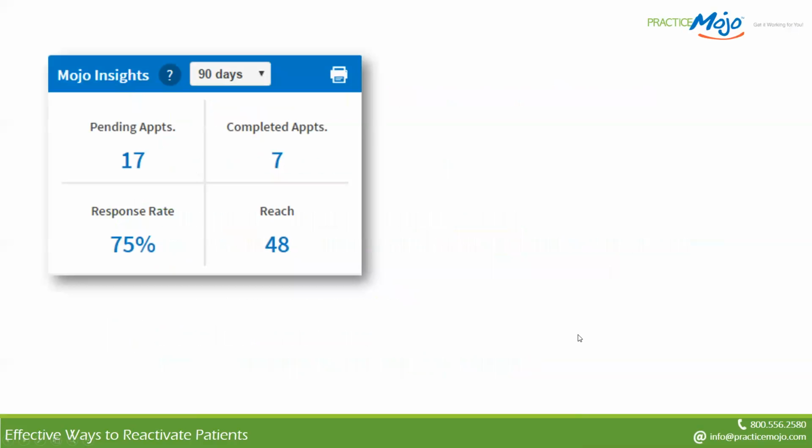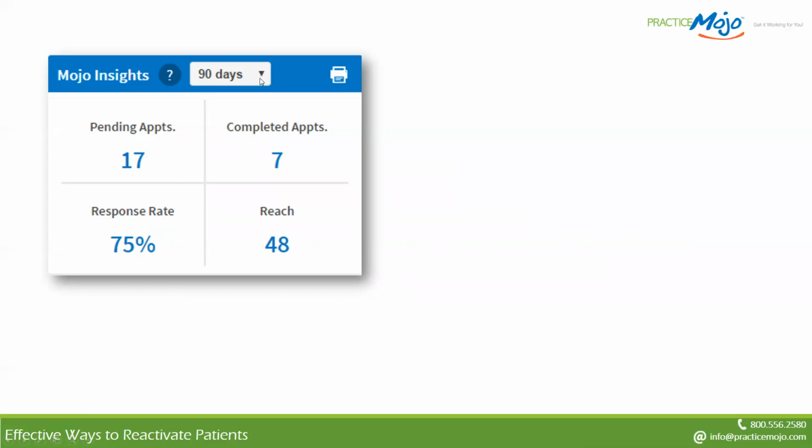On your dashboard, there is a feature called Mojo Insights, and Mojo Insights tracks how successful Practice Mojo's been at getting patients back into your office through ReCare or reactivation. You can view pending appointments from communications we've sent, completed appointments, response rate, and how many people we've reached in the past 90 days.